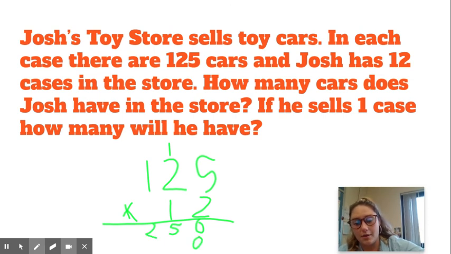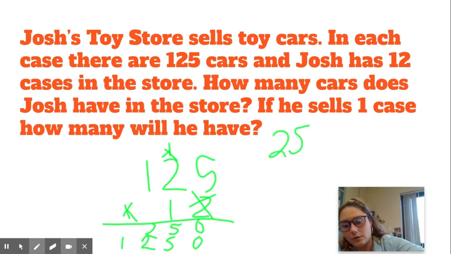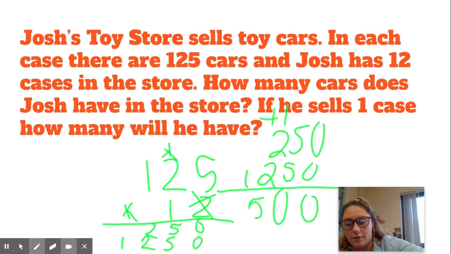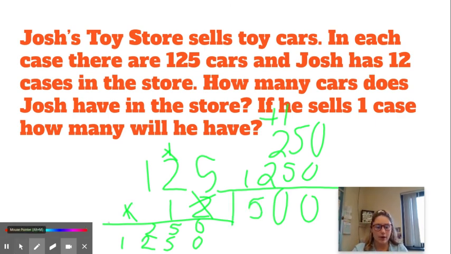Drop down that 0, and then we will carry on to 1 times 5, 1 times 2, and 1 times 1. So we have 250 plus 1,250. So Josh in total has 1,500 cars.